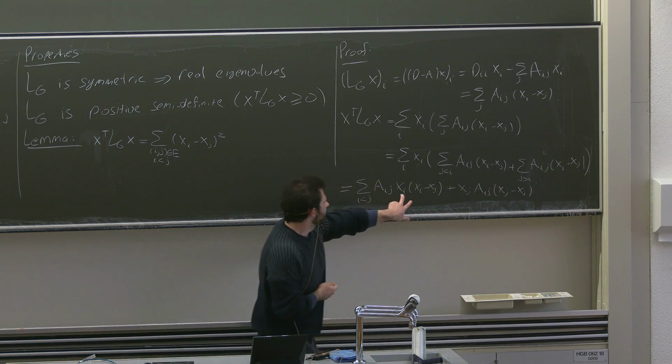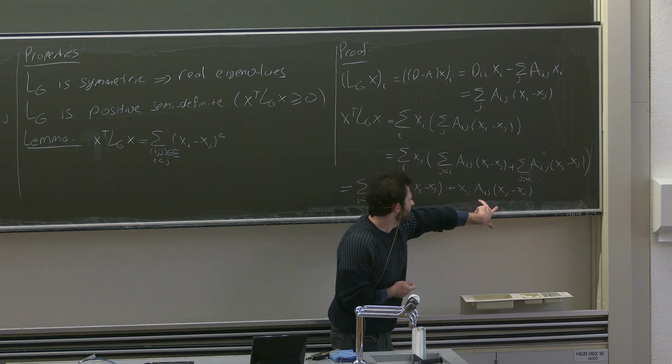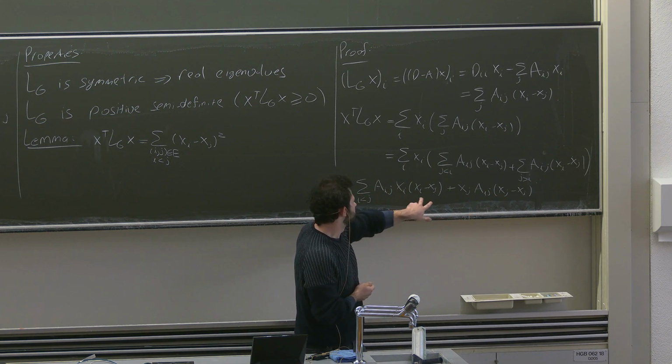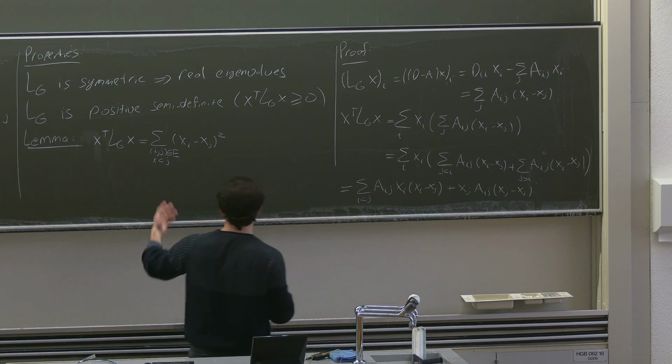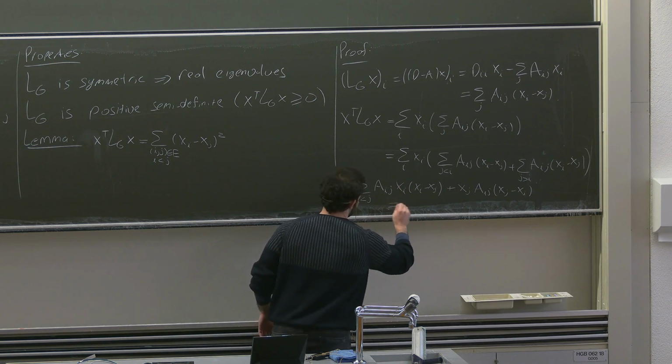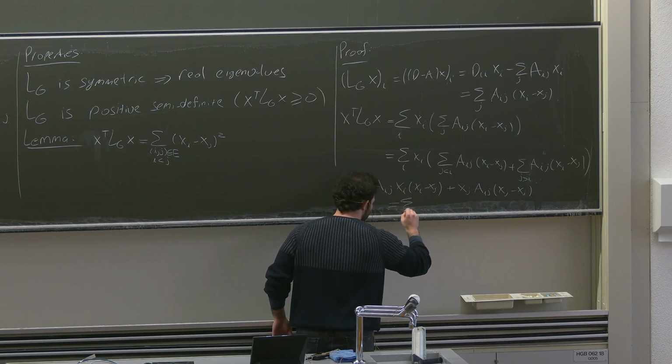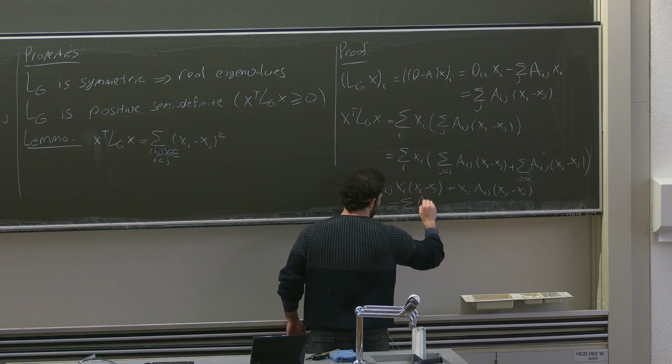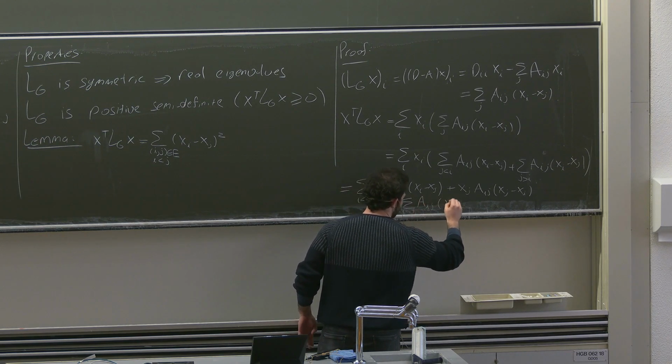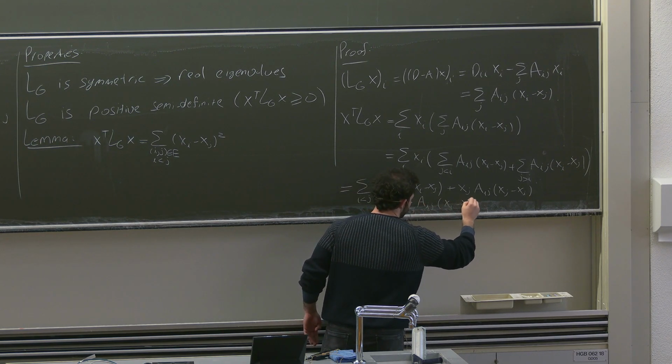From this we see we have the term x_i squared, the term x_j squared, and minus 2 x_i x_j, and this is exactly the expression we wanted to get: the sum over i less than j of a_ij (x_i minus x_j) squared.